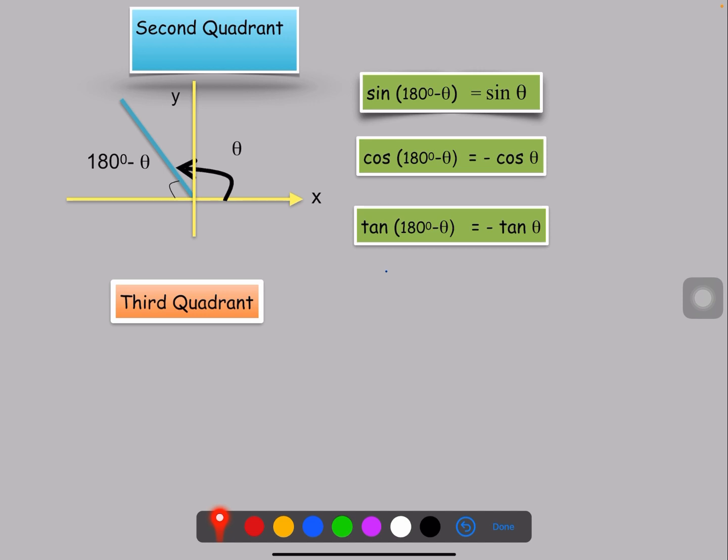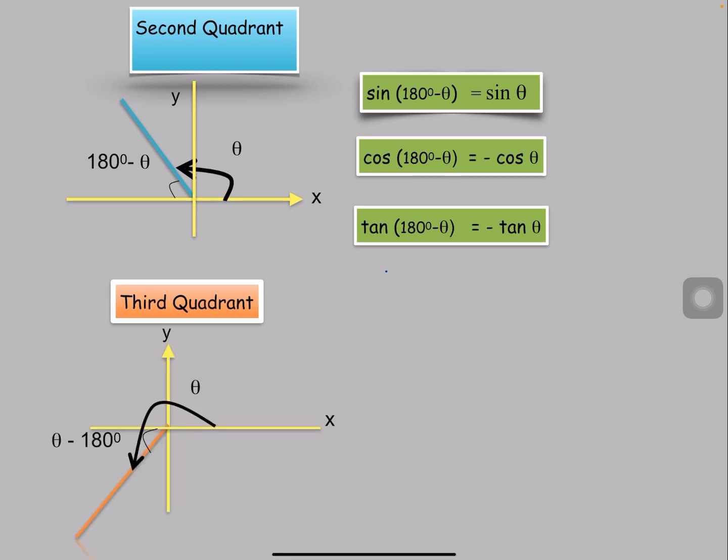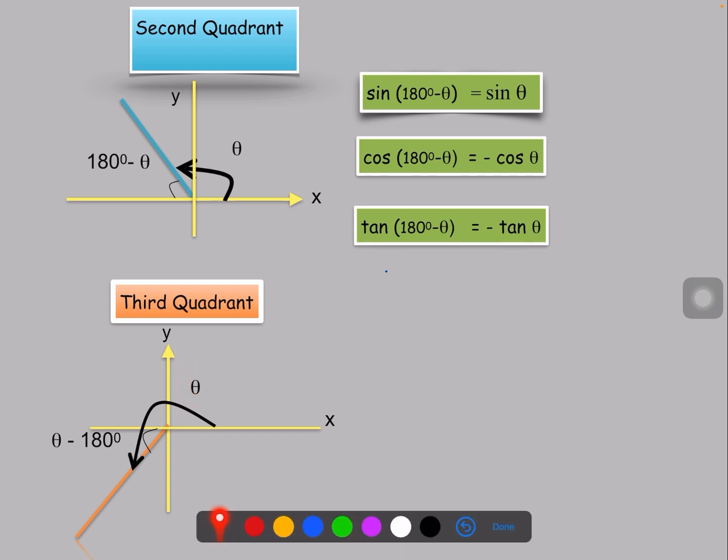In the third quadrant, theta is in the third quadrant. And of course, this acute angle must be theta minus 180.